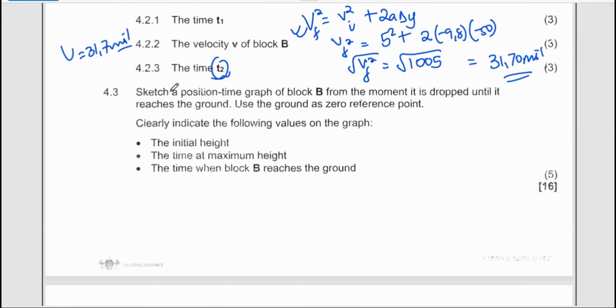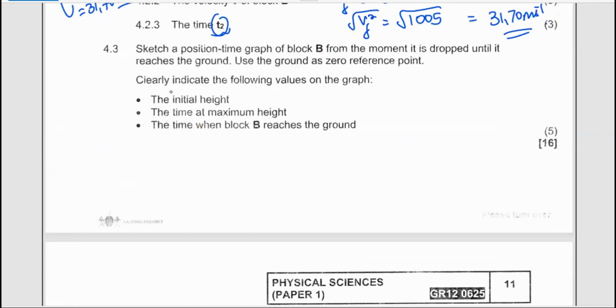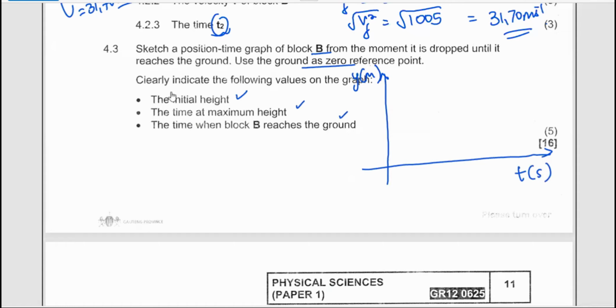They want us to sketch a position time graph of block B from the moment it is dropped until it reaches the ground. Using the ground as a reference of 0, we need the initial height, the time taken at the maximum, and then the time. So this is my delta y in meters, and this is my time in seconds. Initially, this block was dropped at 50.